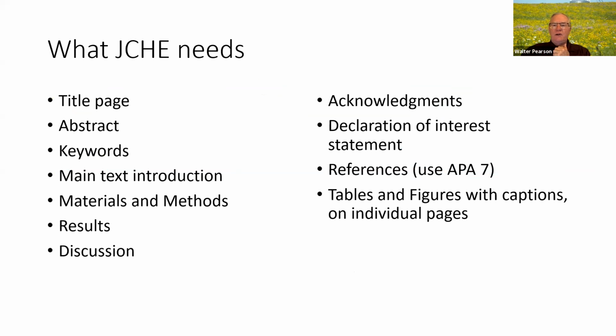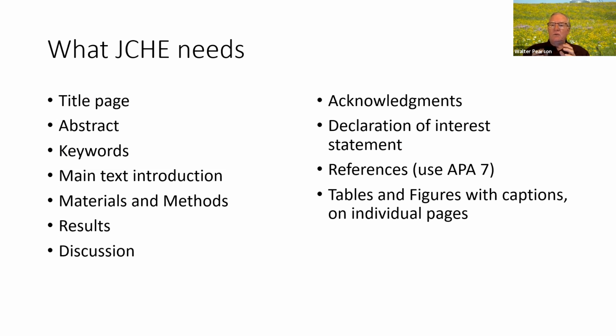So what JCHE needs is a title page, an abstract, keywords. I'm going to cover those here just really briefly. Main text: introduction, the materials and methods, the results, the discussion, then any acknowledgements. If you've gotten grant funding for this, it's useful to do this. A declaration of interest here.